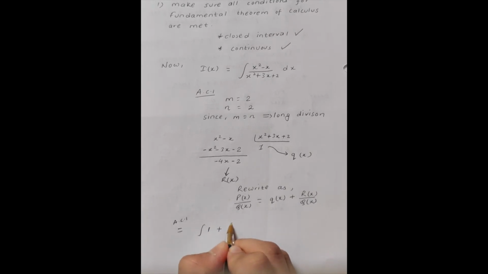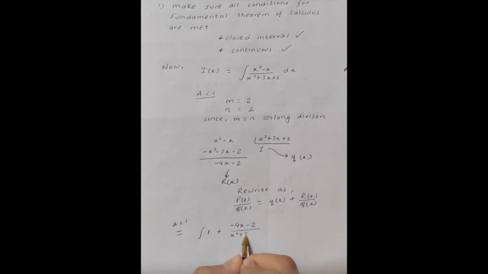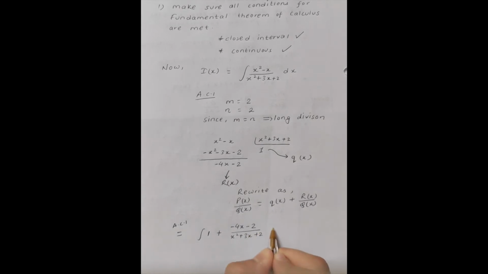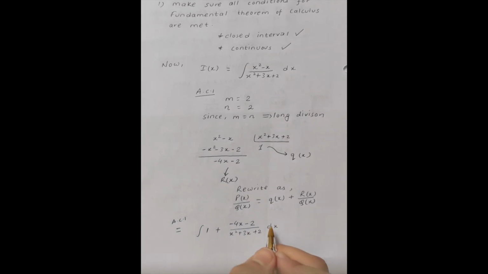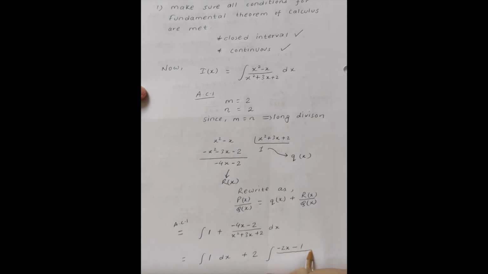Then the function capital I can be written as this: the integral of 1 plus minus 4x minus 2 over x squared plus 3x plus 2. And then we can split this integral into two integrals, and we have these two integrals here in this expression.